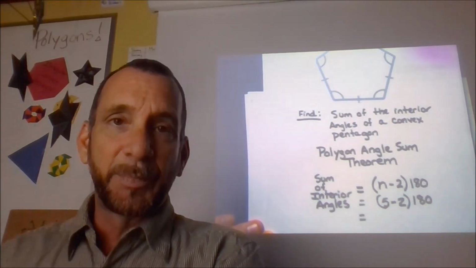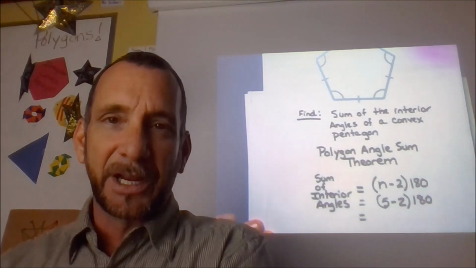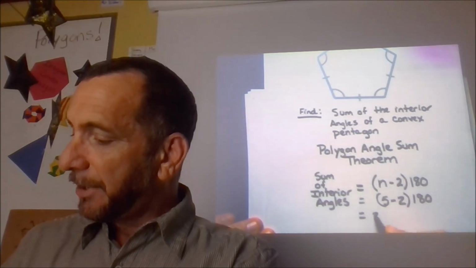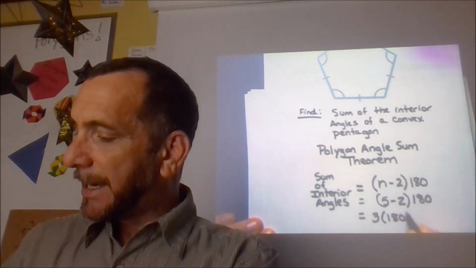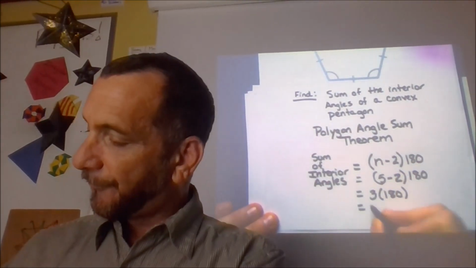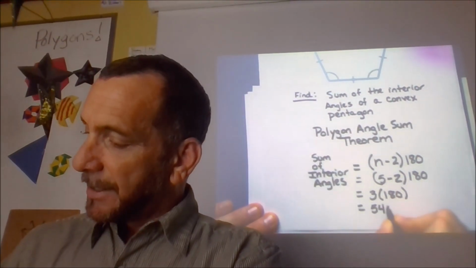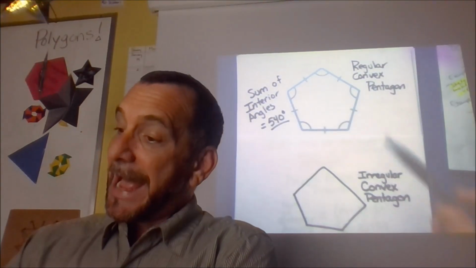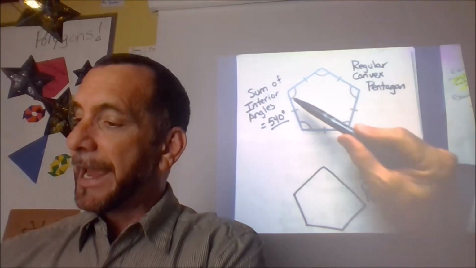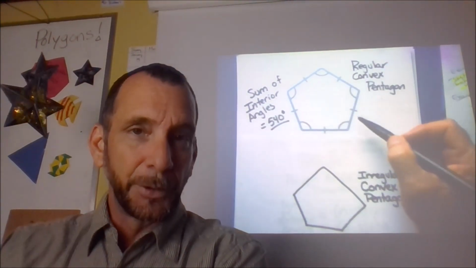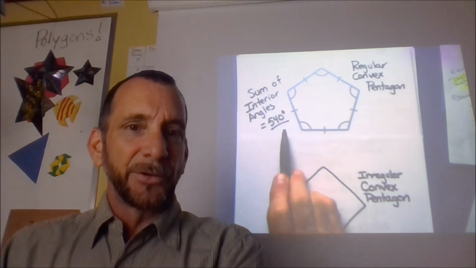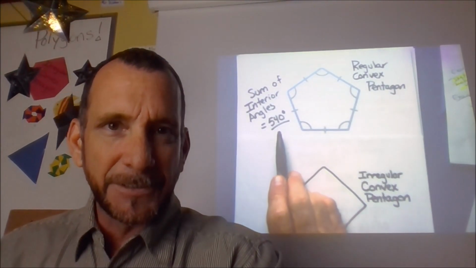Now I know from experience, because every convex pentagon has this magic formula, that 3 times 180 is 540 degrees. So look at this. We have a regular convex pentagon with all angles and sides congruent. And we said that the sum of the interior angles is 540 degrees.